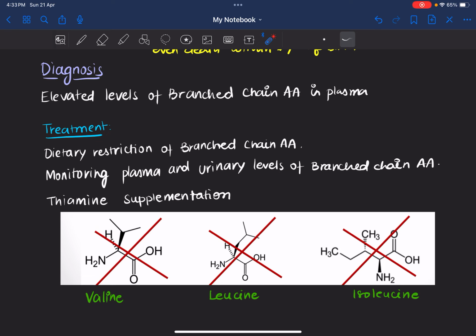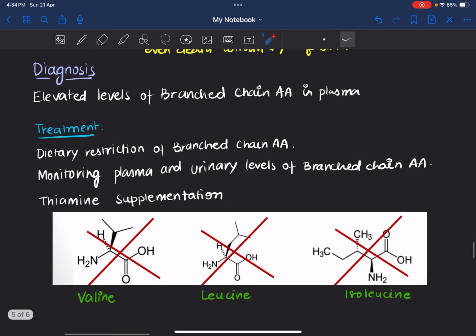Also in such patients, the plasma and urinary levels of branch chain amino acids are constantly monitored, and along with this we give thiamine supplementation, because if there is some amount of enzyme present, its activity can be enhanced by thiamine. So thiamine supplementation is given, since the enzyme requires thiamine pyrophosphate as a coenzyme.